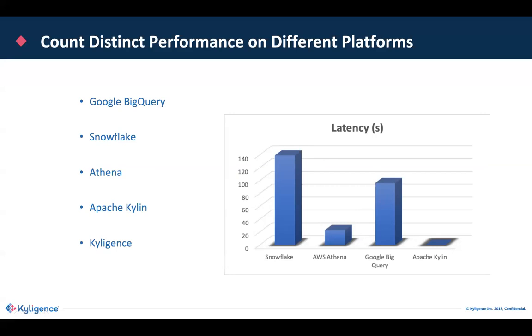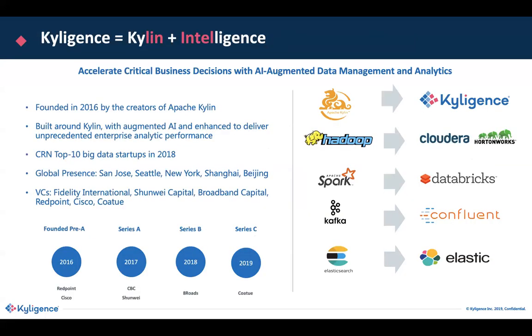All right, so next, let's talk a little about Kyligence. You may notice that Kyligence has the best performance. Kyligence is the commercial version of Apache Kylin. Let me give you a quick introduction. Kyligence is Kylin plus intelligence. It was founded by the creators of Apache Kylin in 2016, and it provides enterprise features on top of Apache Kylin by leveraging AI technology.